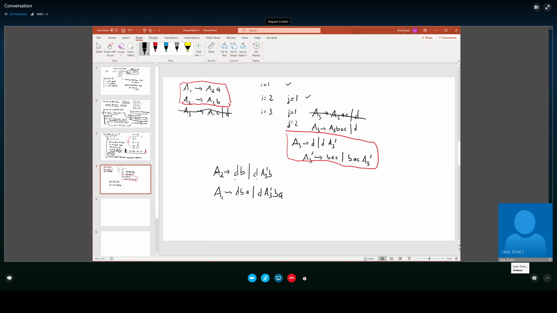And so what we have then is the A1 productions all start with a terminal, the A2 productions all start with a terminal, and the A3 productions all start with a terminal.